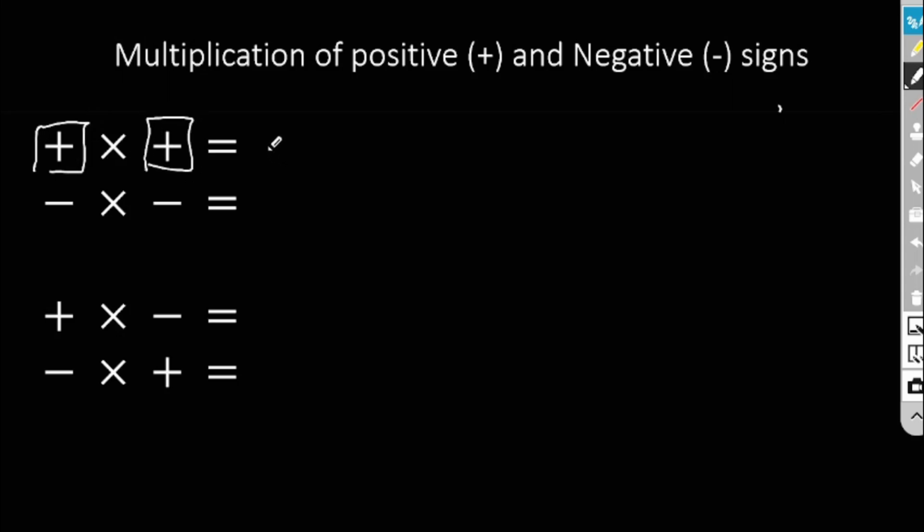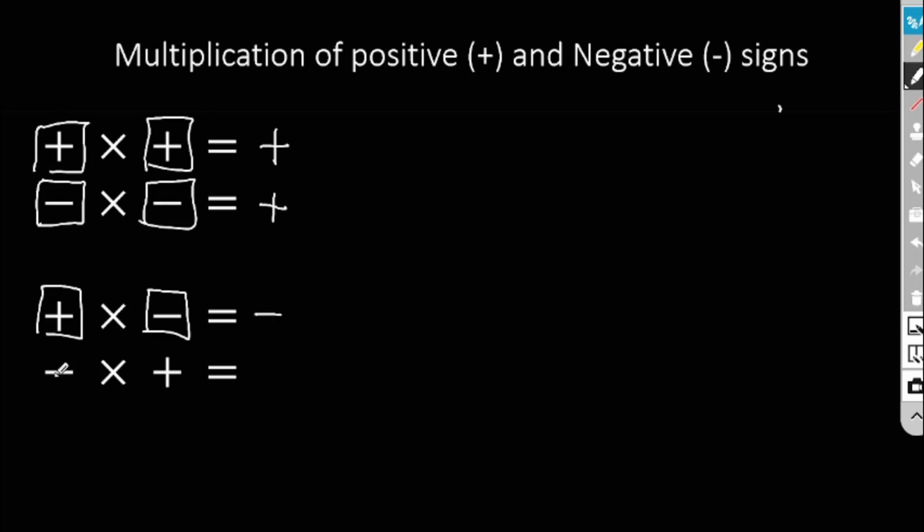It's going to give us a solution of positive. Negative times negative will be equal to a positive sign. When you have a positive times a negative, you're going to get a product of a negative sign. And a negative multiplied by a positive is going to give us a negative sign.